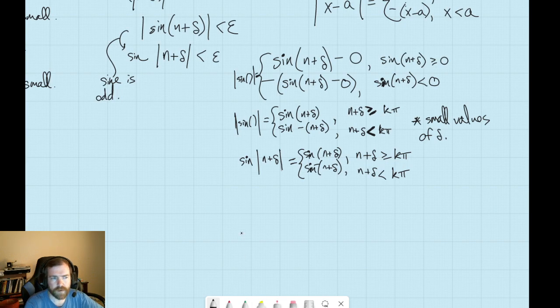Alright, so I think, really, right, we've just bumped this in. So now absolute value n plus delta is going to be less than the inverse sine of epsilon. And so that's going to be our relationship.